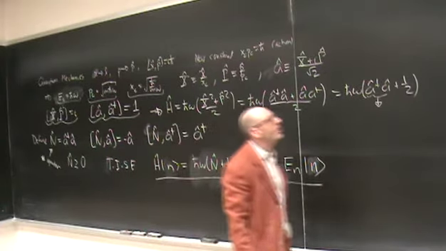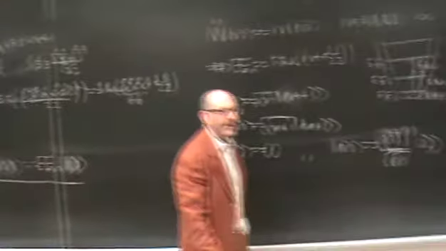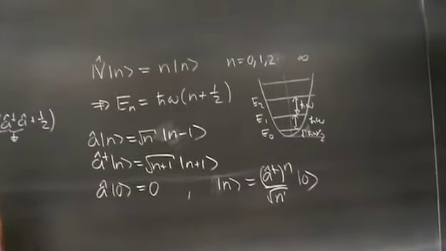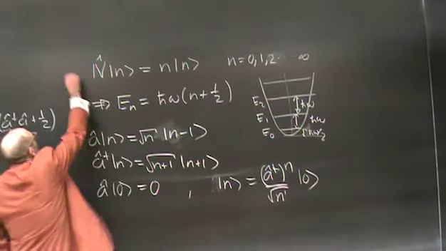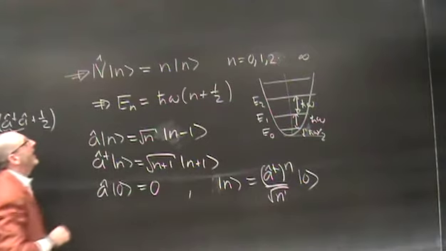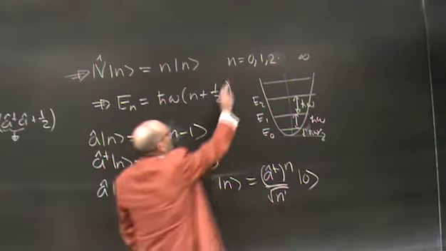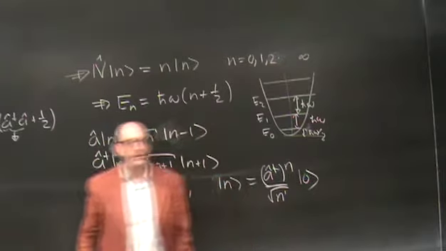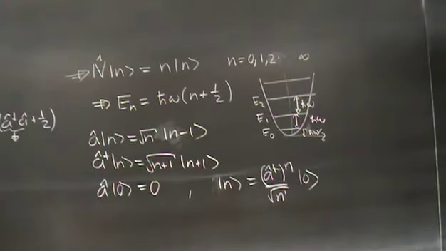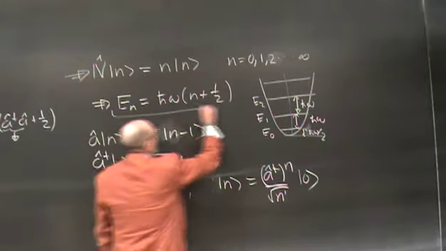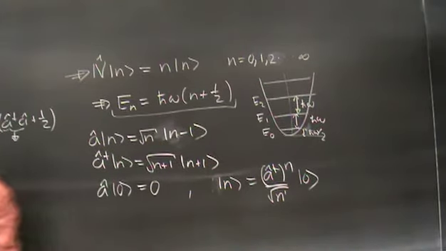And what we showed in lightning speed at the end of last lecture is that that number operator, its eigenvalues are the natural numbers, the non-negative integers. 0, 1, 2, 3, all the way up to infinity. Okay? And so the energy eigenvalues of the simple harmonic oscillator are h bar omega times n plus a half.